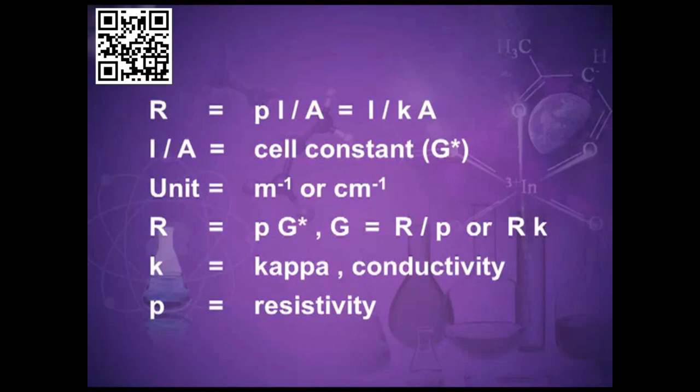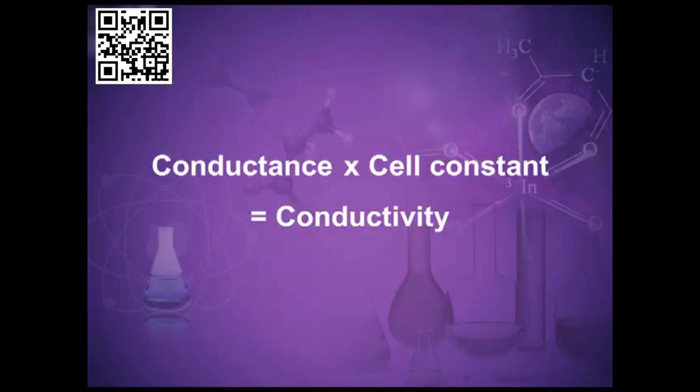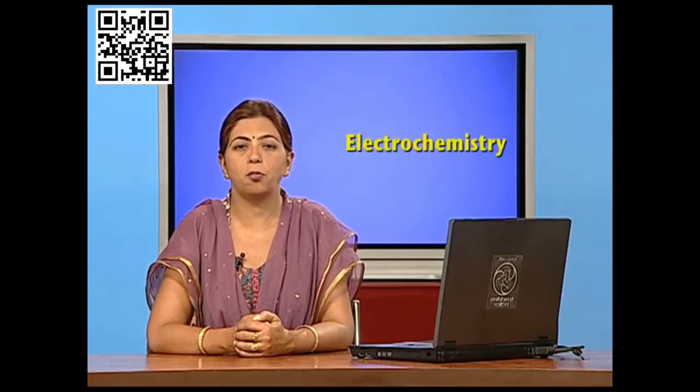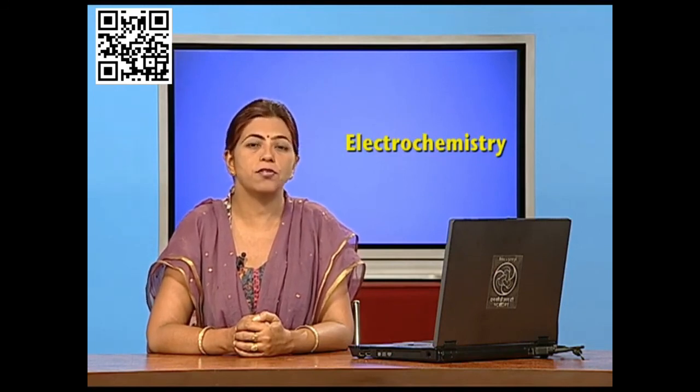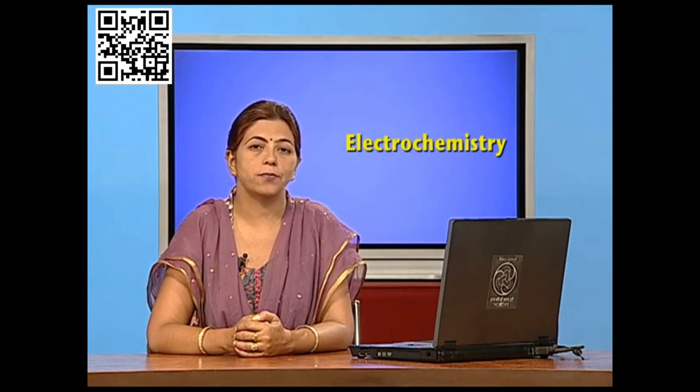Its unit is meter inverse or centimeter inverse. Conductance, cell constant and conductivity are related as conductance into cell constant equals conductivity. You can use this formula to calculate conductivity or resistivity or resistance.